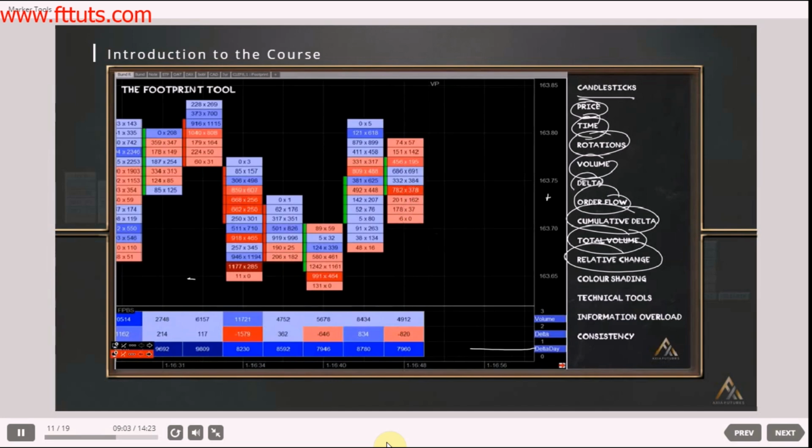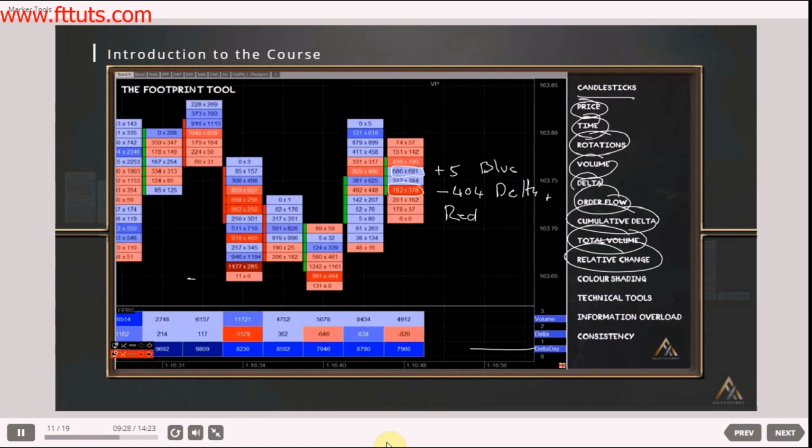So let's look again at these colors, and let's take the segment we had from earlier. We said there's a negative 404 delta. When we have negative deltas occurring at a price, we will always get red colors. When we have positive deltas, as in this example, positive 5, we get blue.